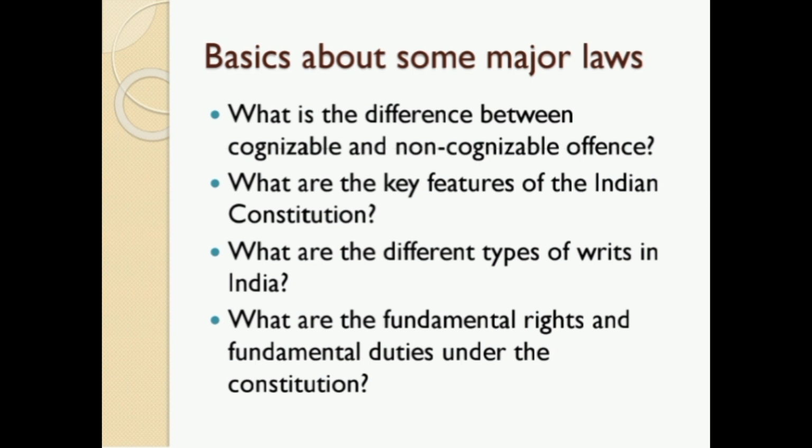Our next question is, what are the key features of the Indian Constitution? So first, our constitution is the lengthiest written constitution. It contains 470 articles in 25 parts and it has a parliamentary system, which means that there is separation of powers among the legislature, executive and judiciary.